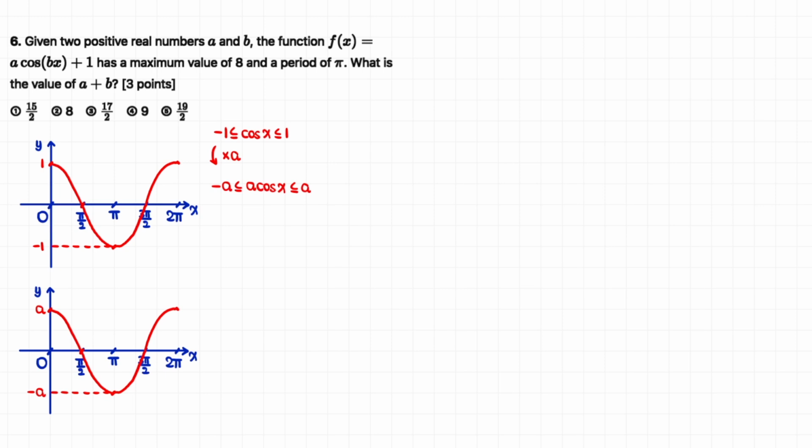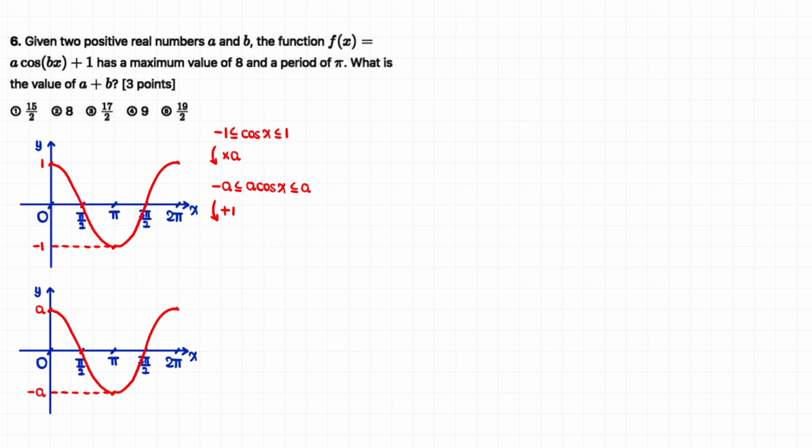All right, now for the second step, let's add 1 to that inequality we had earlier. When you add or subtract a constant from a function, that means you're shifting the graph vertically. In this case, we're adding plus 1, right? So the whole graph will move up by 1.